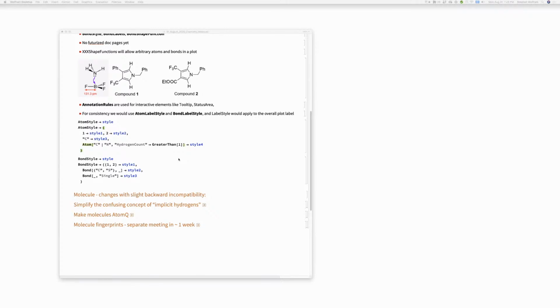So we don't currently have any mechanism for putting it. It's common in these, when you write a paper or something, to put just a Ph there to signify that there's a phenyl group. We don't currently support that in our data structure, but if the user wants to create that for a visualization, that's what the atom shape function would be used for. But it's not just an atom.